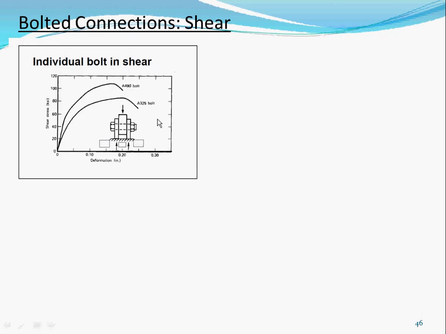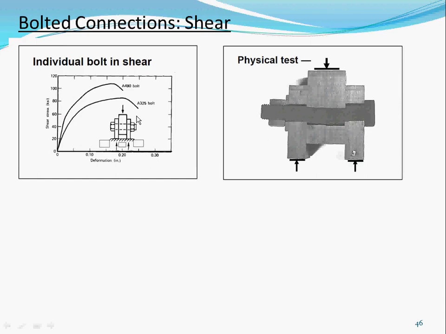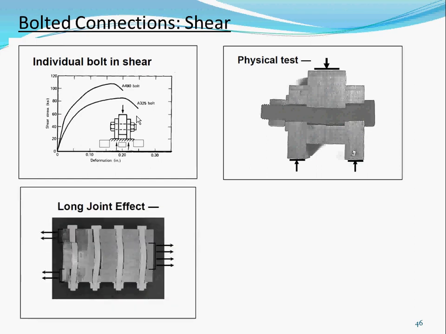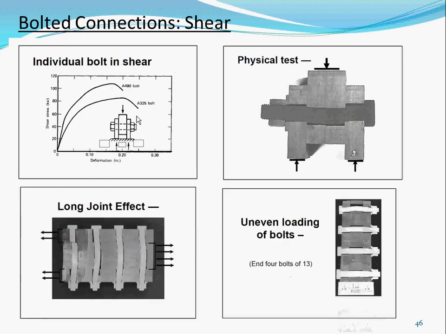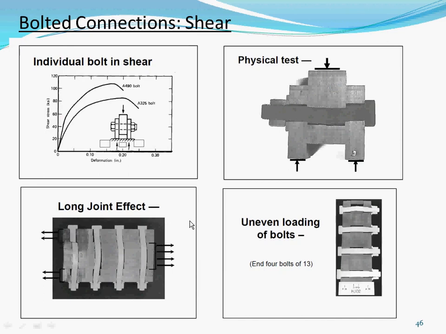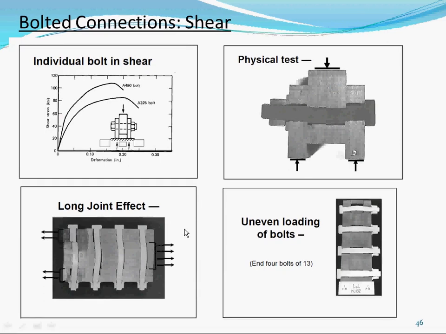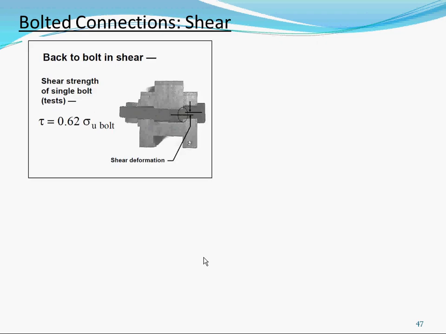Here are the differences between the two types, again from physical tests, long joints, uneven bolt loading. The longer the joints are, the stress distribution between the bolts is also different, so you have to multiply the longer joints by some sort of factor to reduce their capacity.